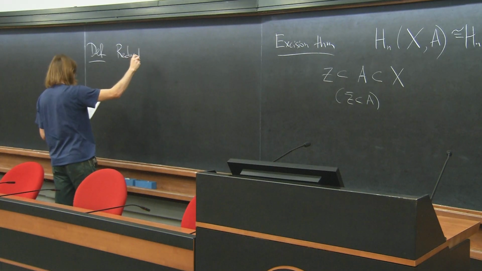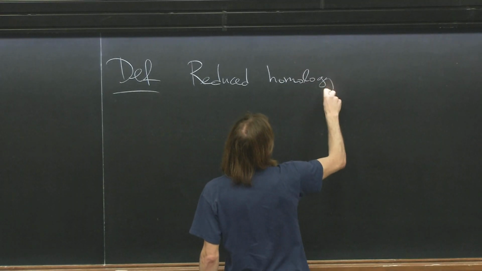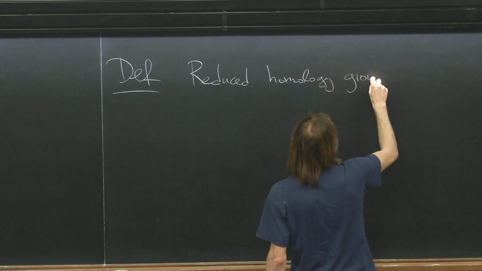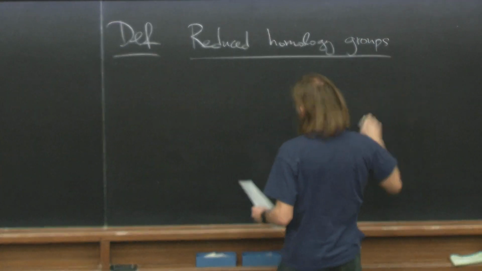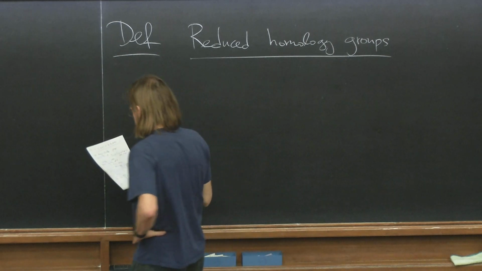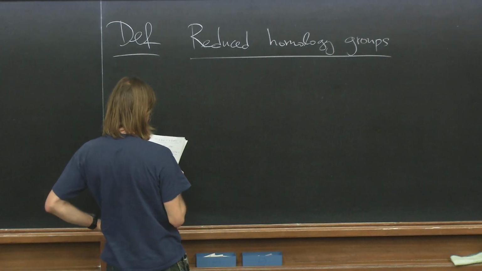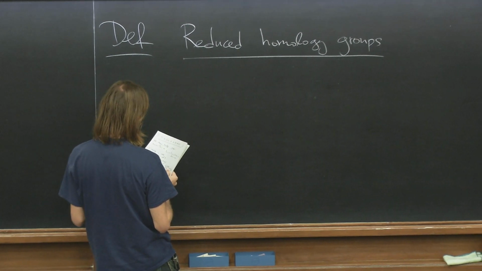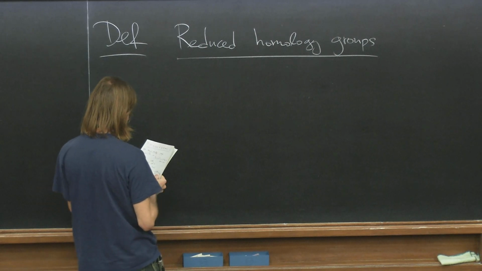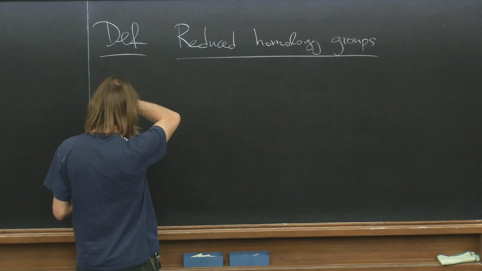This is what is called reduced homology groups. This is a very slight modification of the usual homology groups, but using reduced homology, some statements look nicer and more compact.